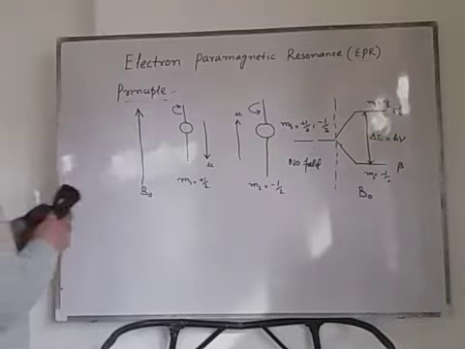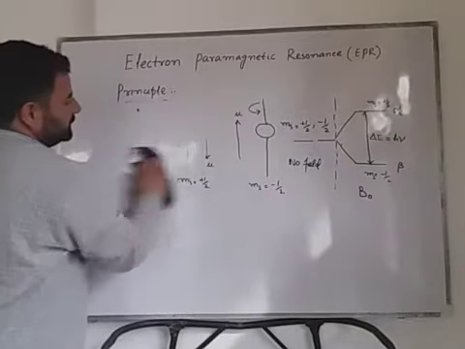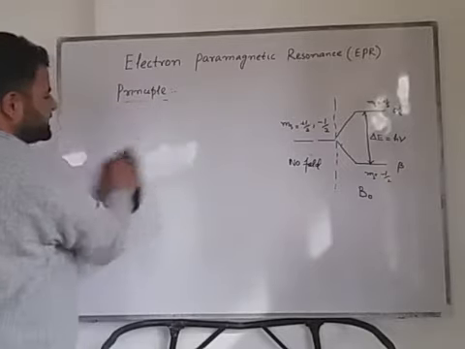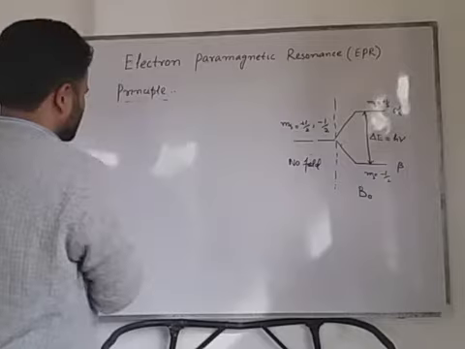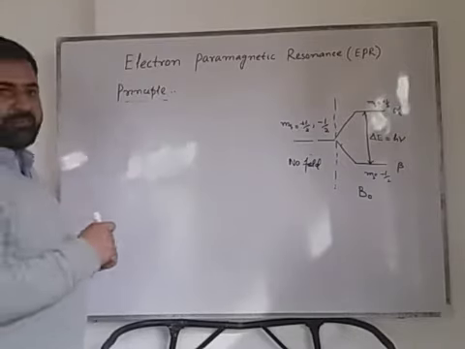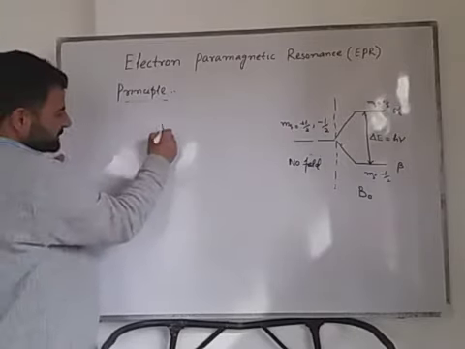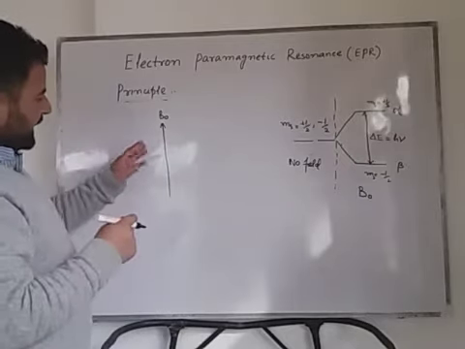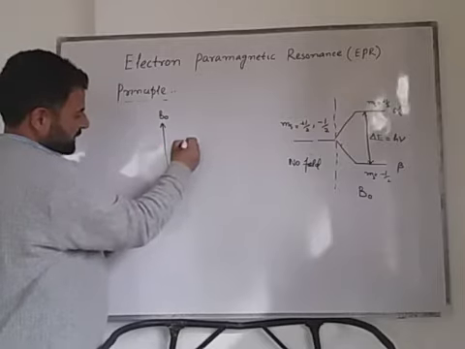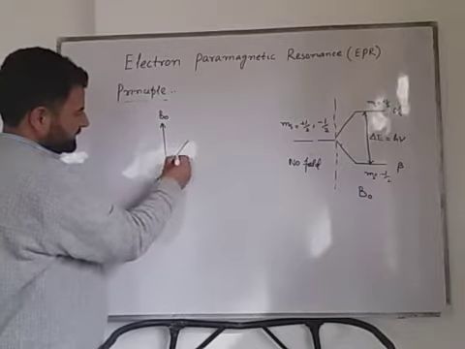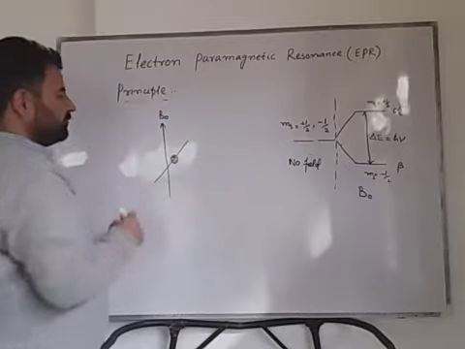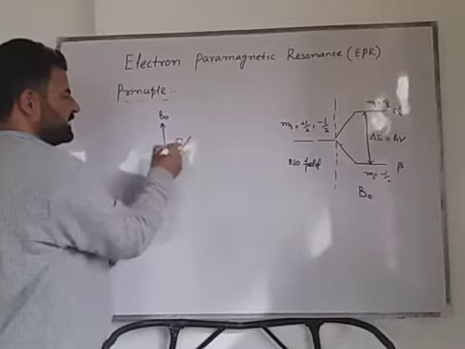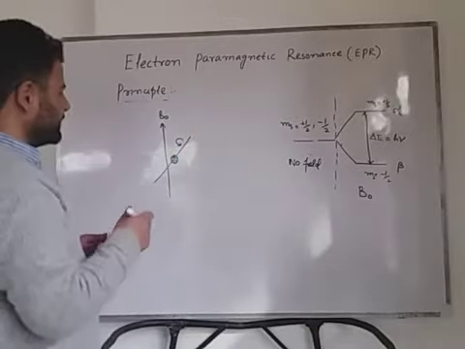Similarly, we can understand it in another way. For example, this is the external magnetic field B naught, and this is the spinning electron, which is, for example, in anti-clockwise or clockwise direction.